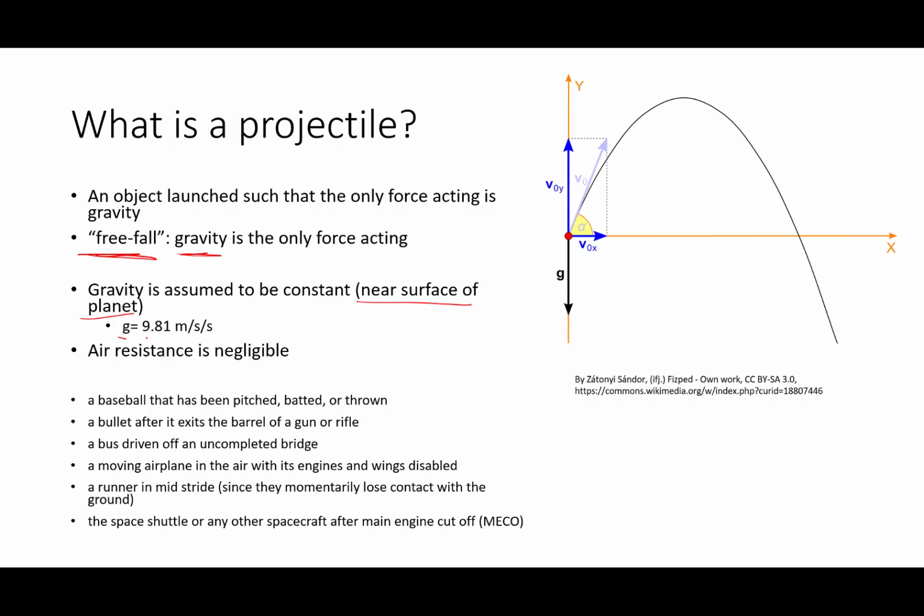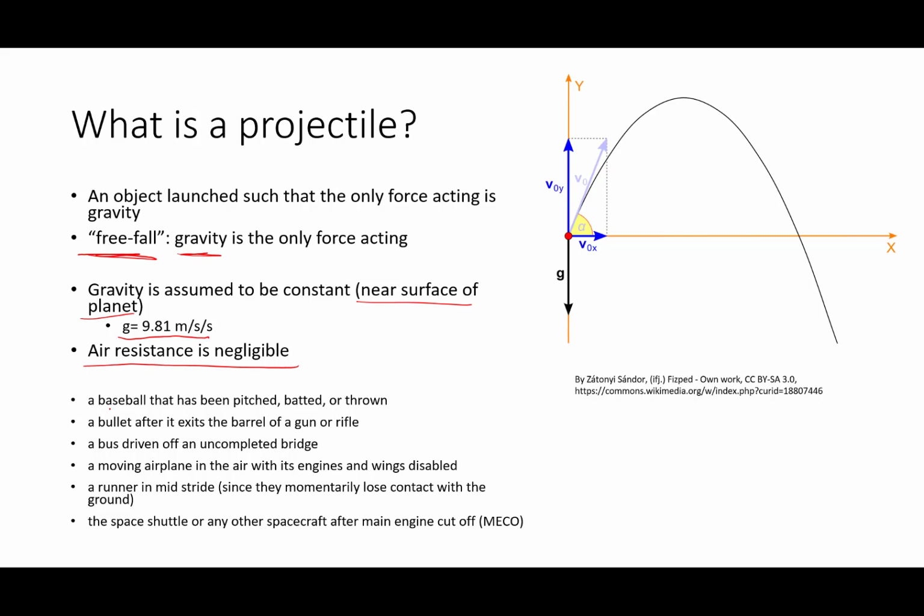For example, on Earth, the acceleration due to gravity is 9.81 meters per second per second. As long as we don't launch our projectile very, very, very high above the surface of the Earth, this acceleration is constant. We also assume air resistance is negligible. If air resistance were not negligible, it would complicate the motion of our projectile. It would be very difficult to analyze.